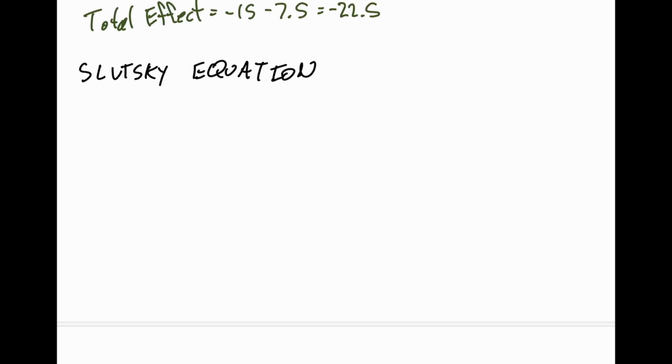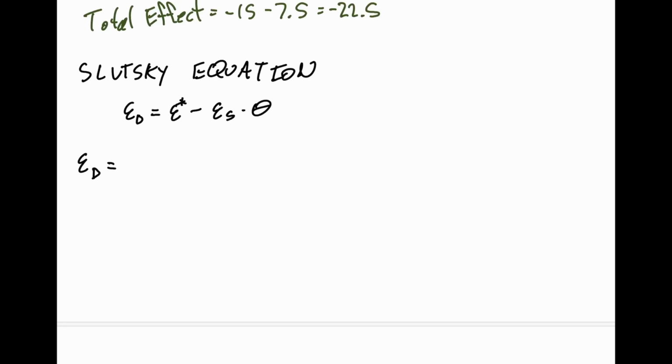Okay, so the Slutsky equation is just elasticity of demand is equal to this Hicksian elasticity and the elasticity of supply times our expenditure on the good we're looking at. Okay, so we're just going to write each one of these out and solve for them individually, and then we'll plug them in to the Slutsky.